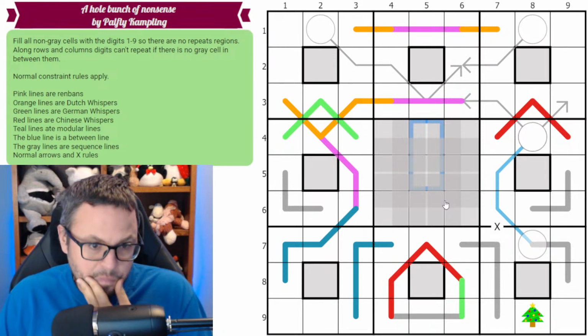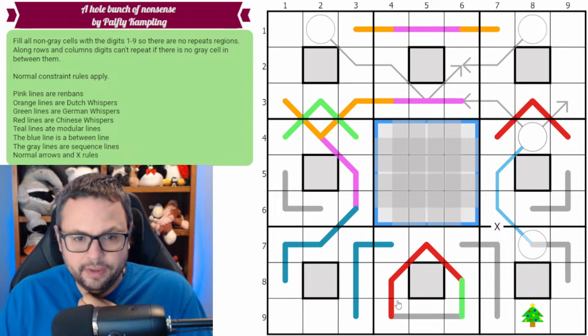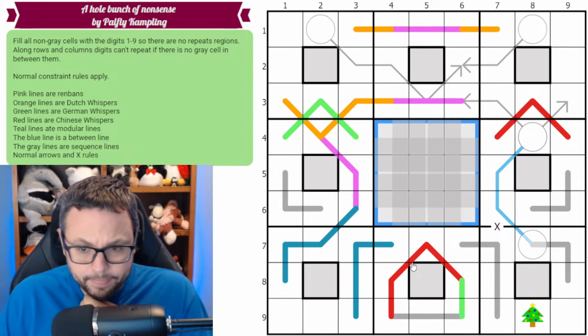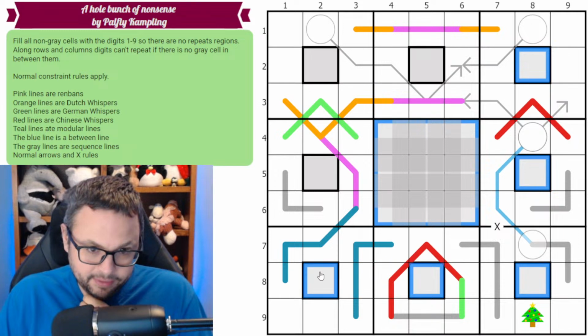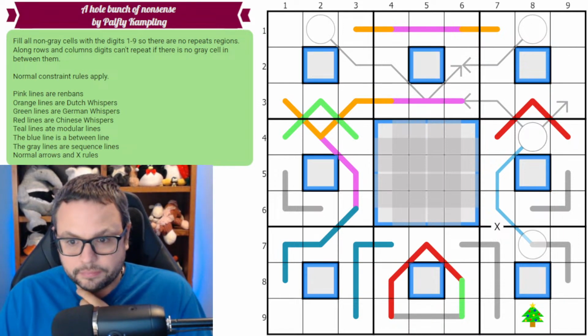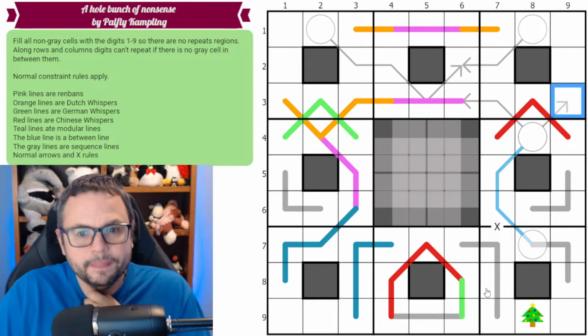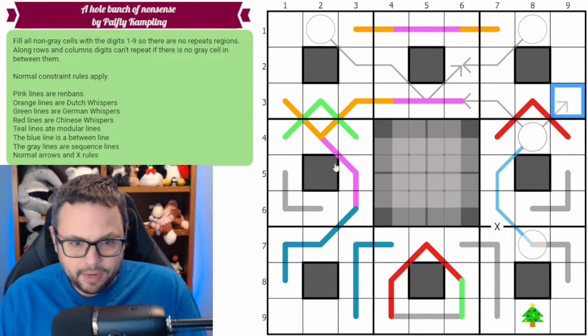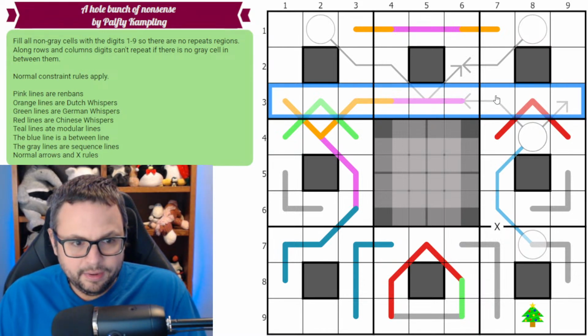So yeah, I think this region is no more. So I think we have our sort of Oblivion cells for the puzzle. And so in rows, we have perfectly normal things.